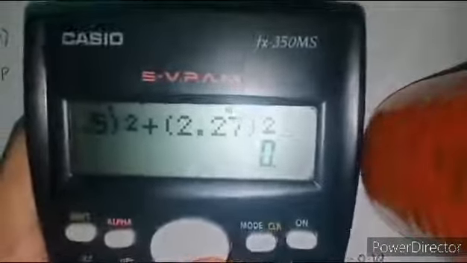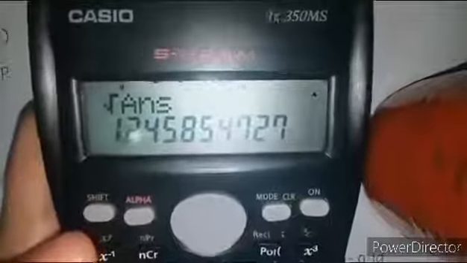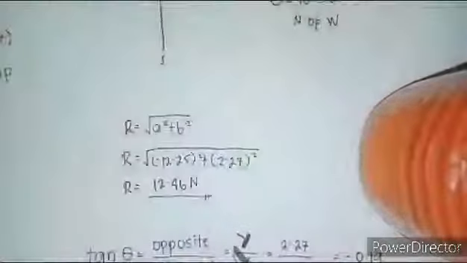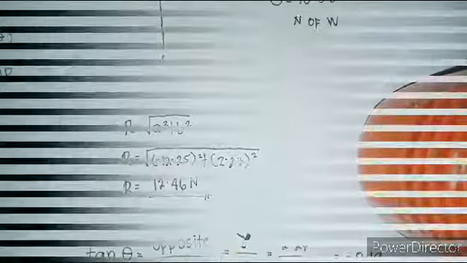So we have negative 12.25 squared plus 2.27 squared, then square root. We got 12.45. Since we have to round it up, we get 12.46 newtons. Don't forget the unit.